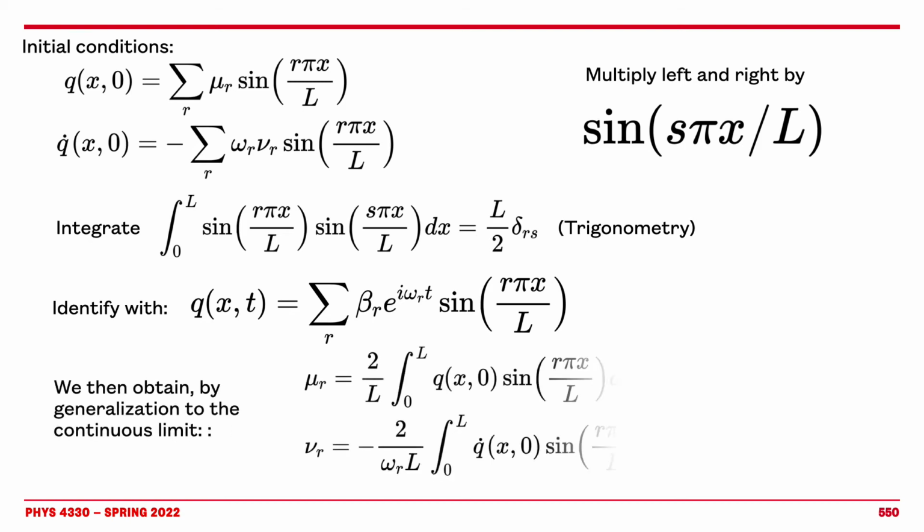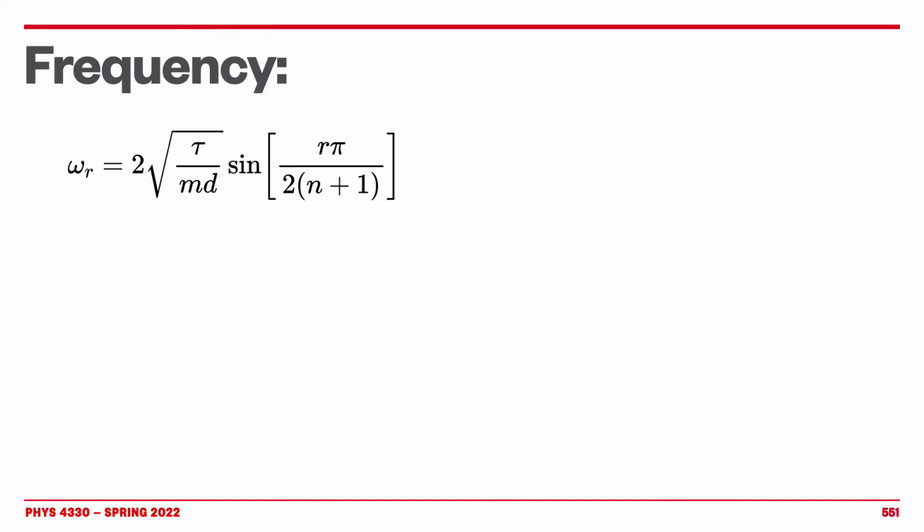Now we can calculate both mu r and nu r as those integrals that we operated on the left-hand side. There are a couple of steps here that I just said that are not on the slide. I said them, but I did not write them explicitly. So this is another good opportunity to pause the screencast and make sure that you understand how we got to that point.